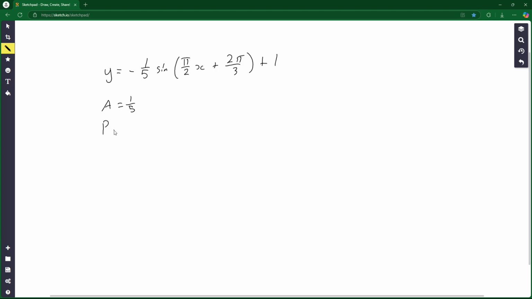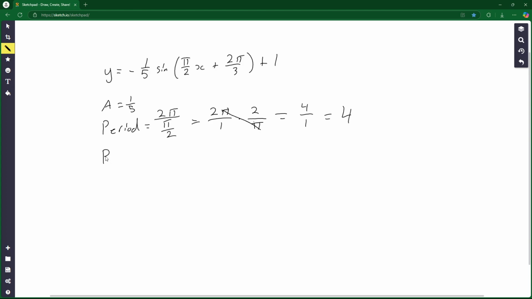Our period is going to equal 2 pi over pi over 2, which is just going to equal 2 pi over 1 multiplied by 2 over pi. Pi's cancel out, leaving you with just 4 over 1, or just 4.